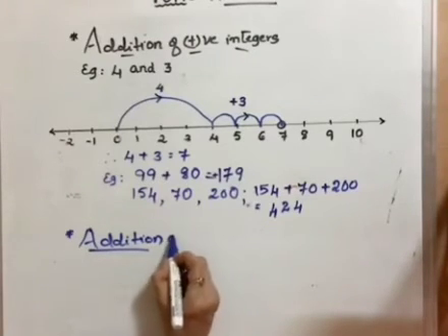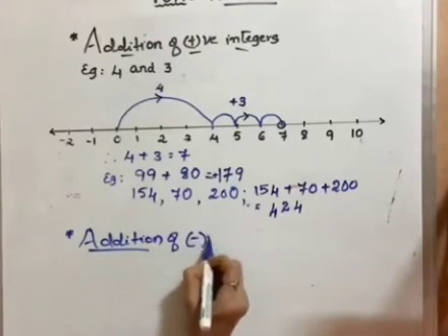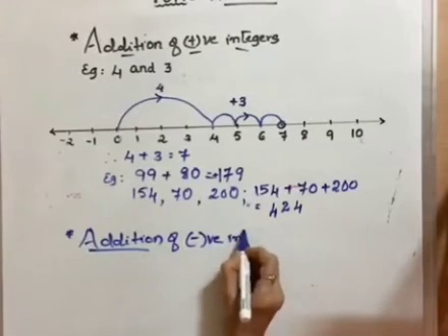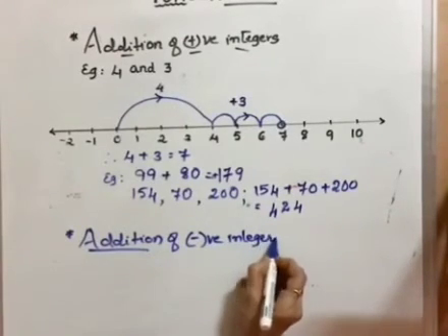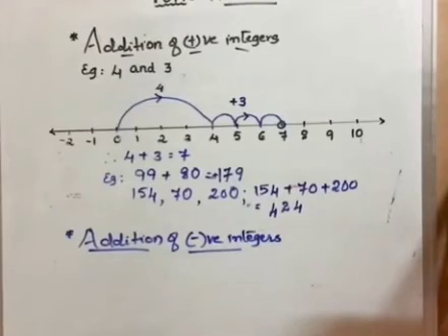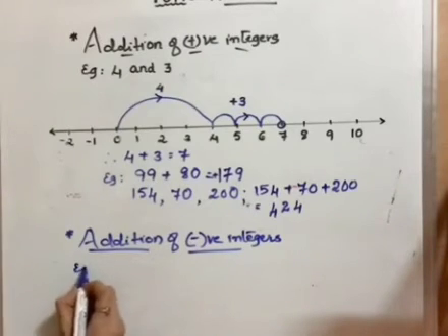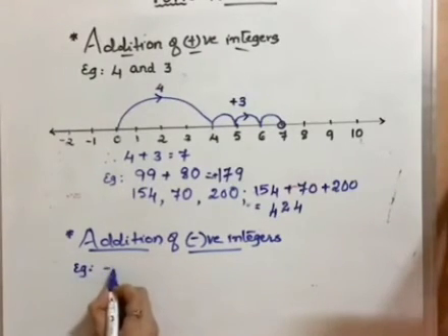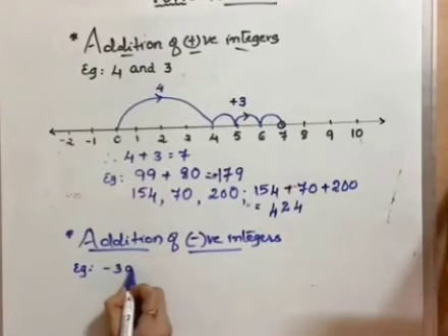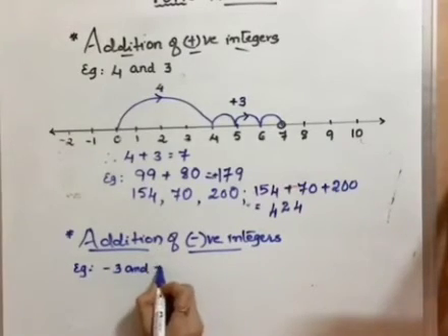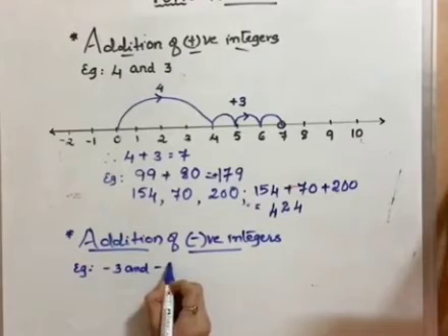Please recall addition of negative integers. When you are doing negative integers on a number line, let us take a simple example: -3, and to this -3 let us add -5.